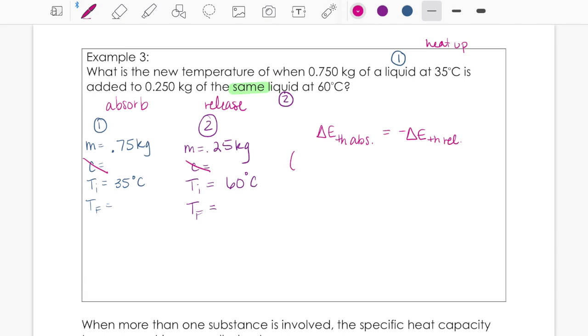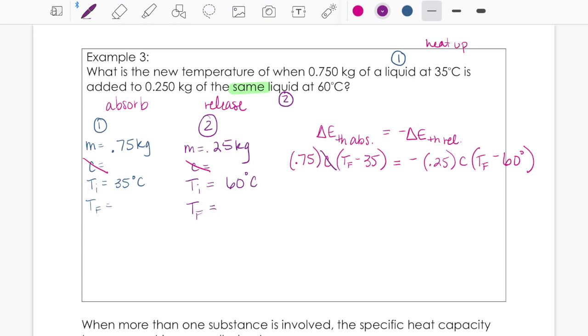Okay, so my mass for my absorbed liquid is 0.75 times my C times final minus the initial temperature, which was 35 degrees, is equal to negative mass of the second substance, so 0.25 C, and then my TF minus my initial, which is 60 degrees.